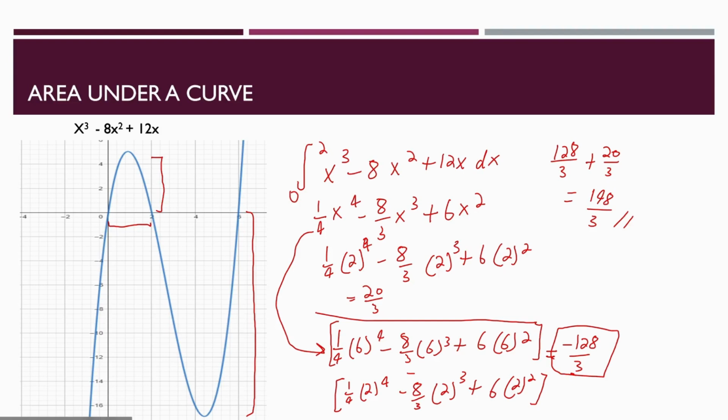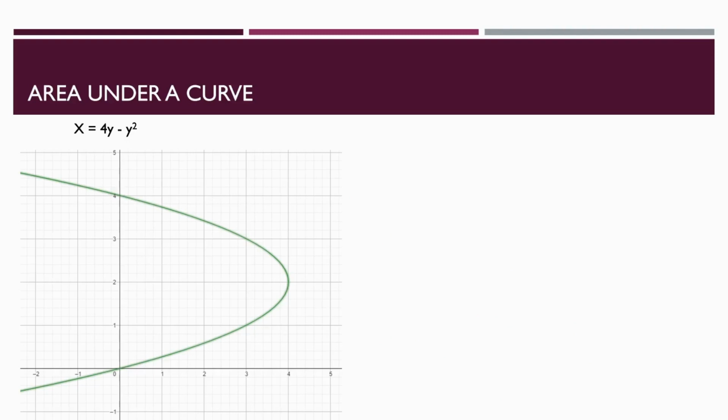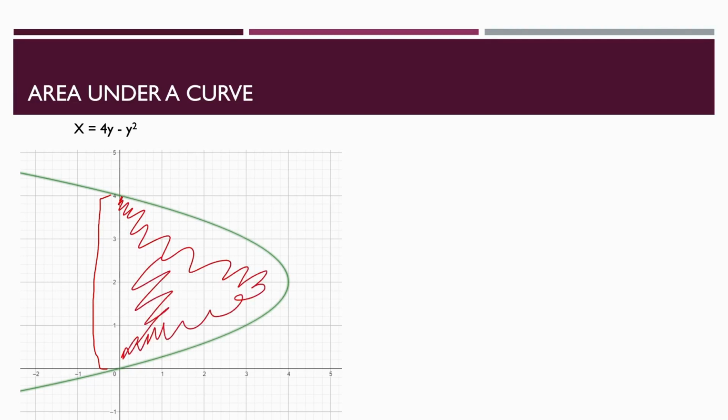Alright. So now let's say Cambridge gives us a question like this where they tell us to find the area between 0 till 4. So let's say they tell us to find the area under this graph, this whole area. So how are we going to do this?